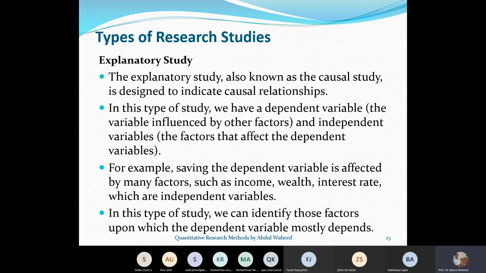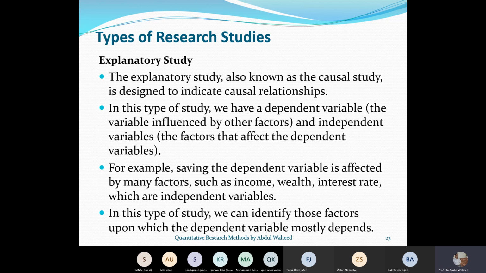In this type of study, we discuss the causal relationship, in which we have a dependent variable which is influenced by some other factors or variables which are called independent variables. Independent variables are the variables that affect the dependent variable.